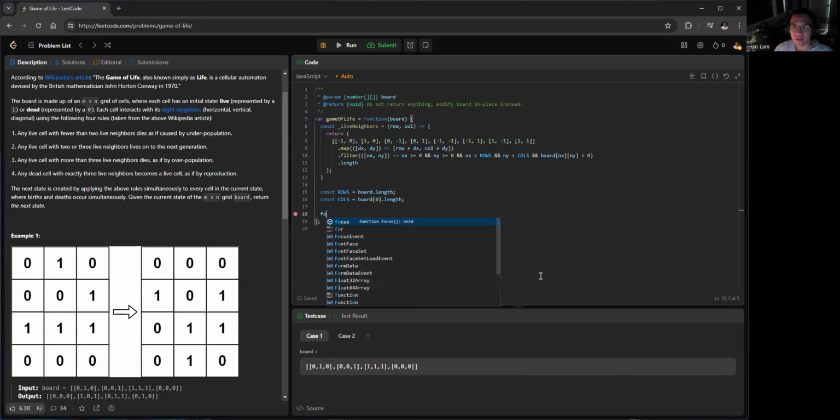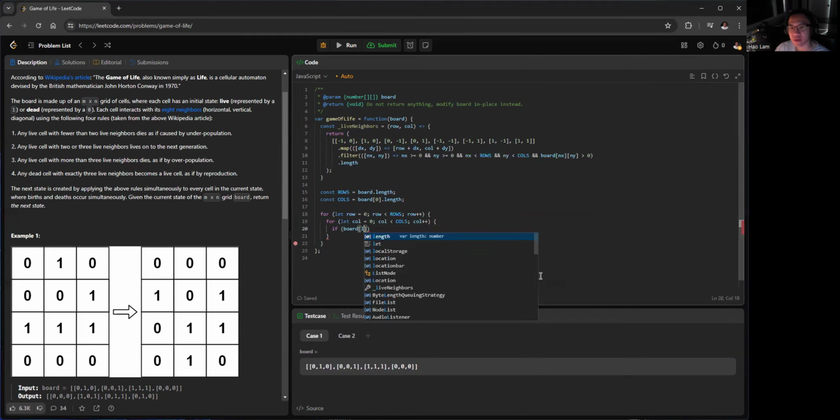So now we need to iterate through each cell. Okay. And we have two cases, right? The first case is for the live cells, right?